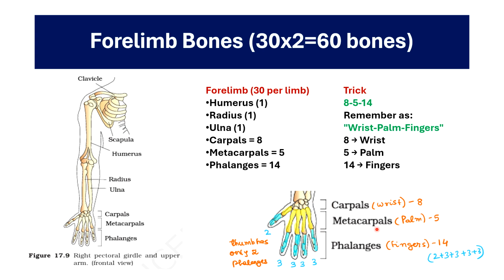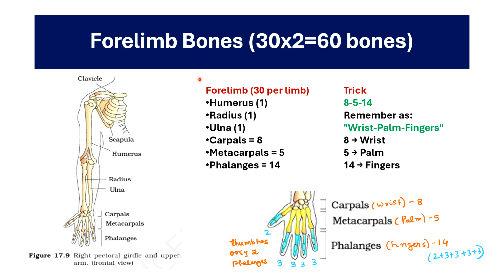Those are known as the metacarpals, and the fingers are made up of the phalanges. So let's count here. Each of the 4 fingers, excluding the thumb, has 3 bones in them, and the thumb has only 2. So the number of phalanges comes to a total of 2 plus 3 plus 3 plus 3 plus 3, that is 14. So that are 14 phalanges.